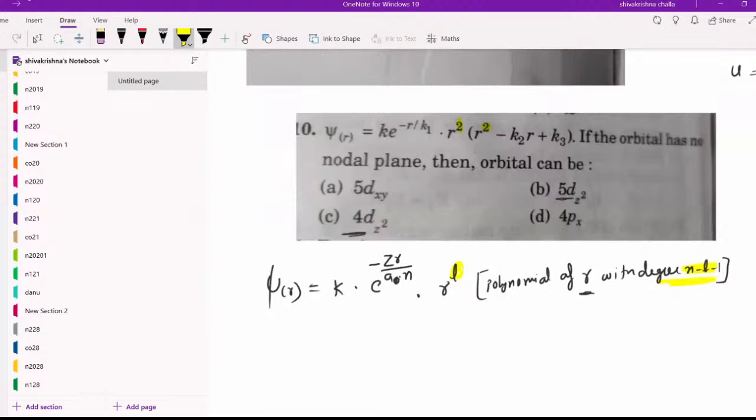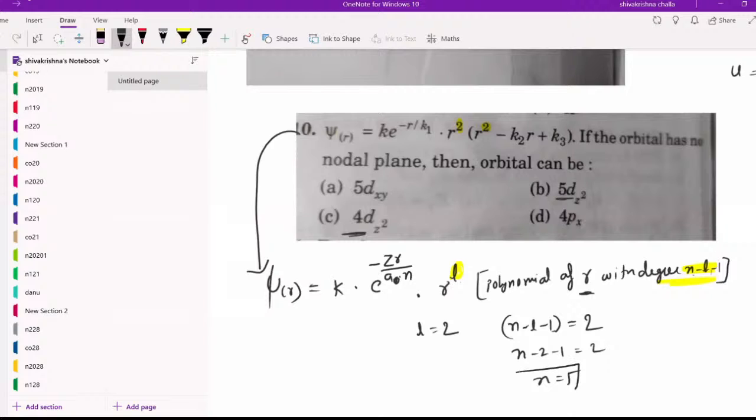So n minus 2 minus 1 is equal to 2, then n is equal to 5.